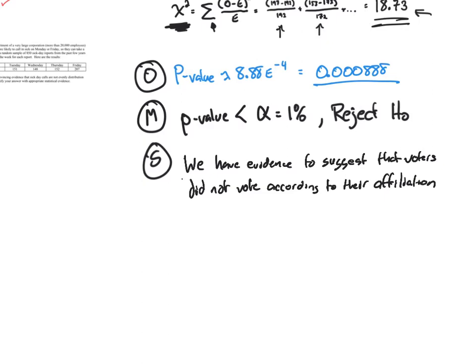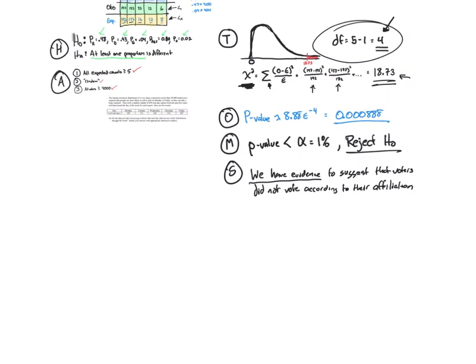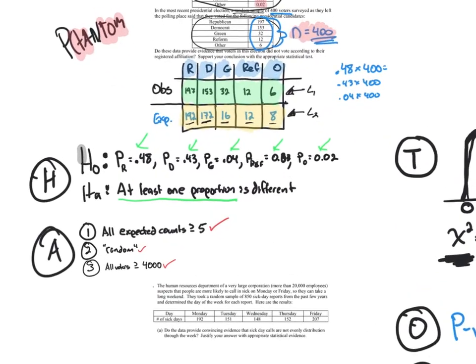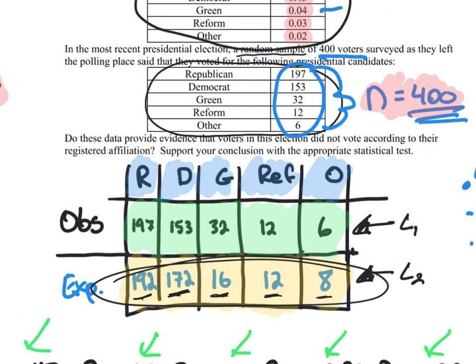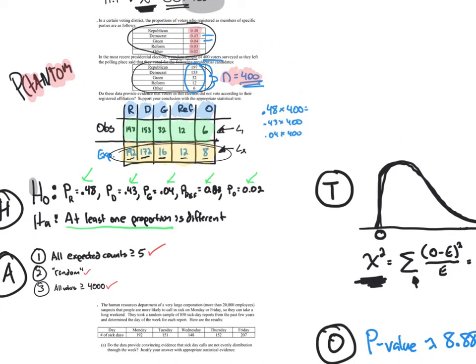Right? That's what it means to reject. When you reject, we have evidence to say the alternative, which is at least one proportion is different, which means somebody didn't vote according to their affiliation.